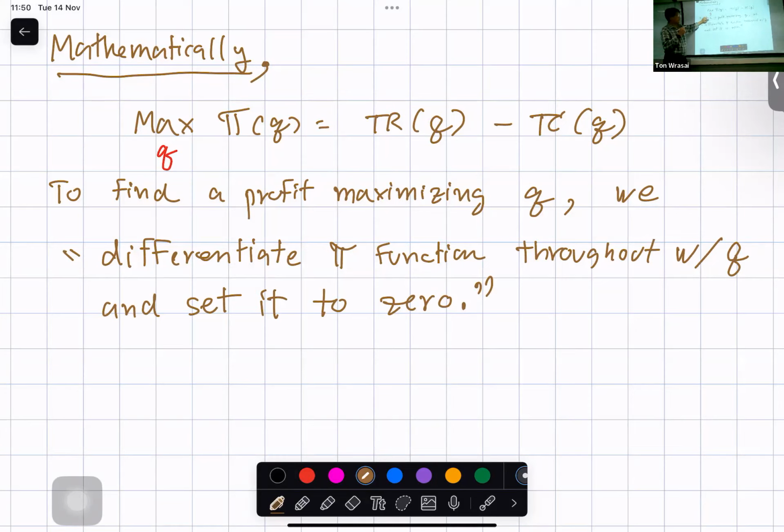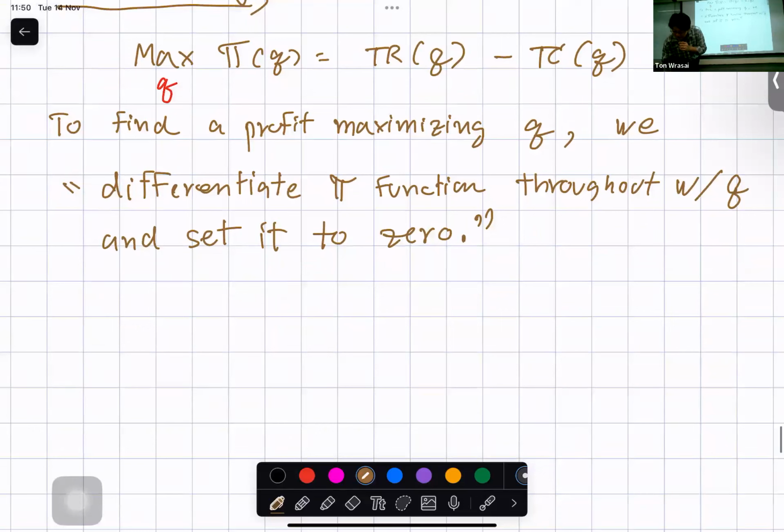To get the Q that maximizes profit, we must differentiate the profit function here with respect to Q and set it equal to 0. Let's follow this manual. Differentiate, right?